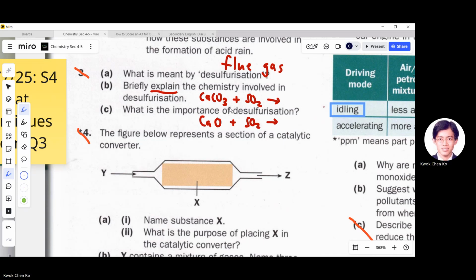Okay. Ethan, what do I get here? Right, be careful with the formula, SO3, not SO4. Ethan, this one? Right, you're supposed to know both of them. Sabrina, importance of desulfurization?